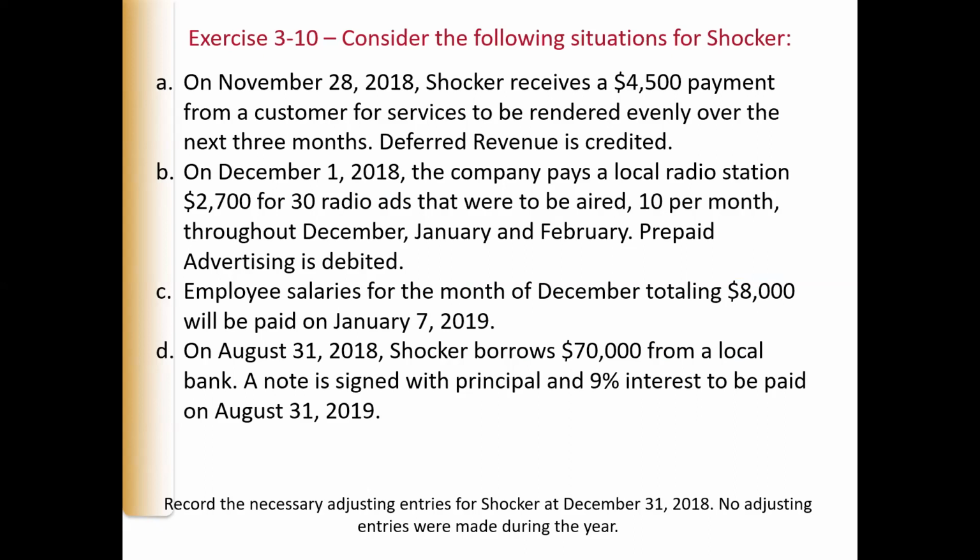Prepaid advertising is debited. So saying we are paying our radio station $2,700, and that's in December of 2018. And I'm assuming the December, January, and February would be going into 2019, so the next year.